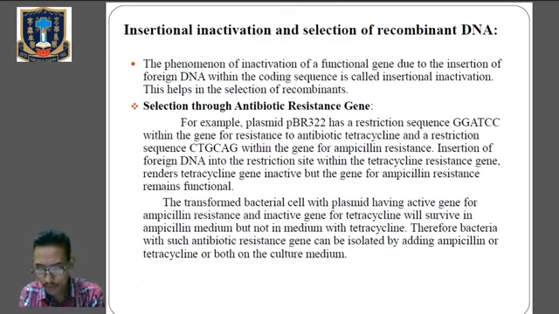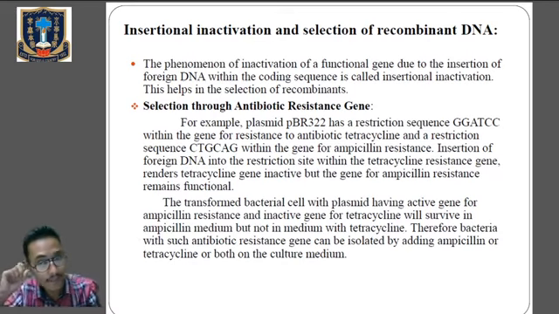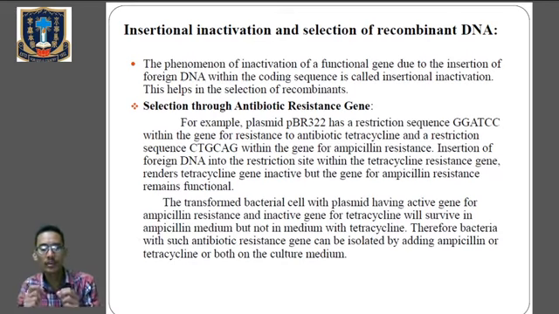So let's talk about the process. First one is selection through antibiotic resistance gene, on page number 587. Listen very carefully. How can we differentiate between the recombinant DNA and the non-recombinant DNA by this technique, selection through antibiotic resistance gene? We are taking an example: plasmid vector pBR322.